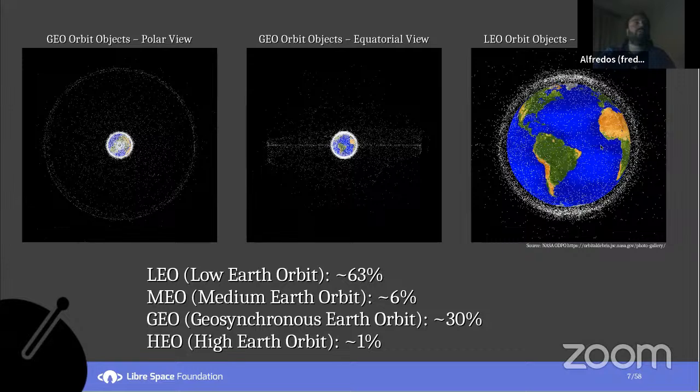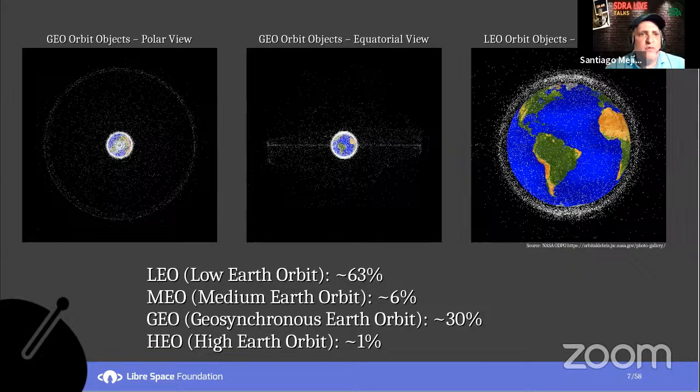Actually, in the low Earth orbit are the most known satellites, like the weather ones, the NOAA satellites, the Meteor satellites. There is also the Hubble telescope and the International Space Station.